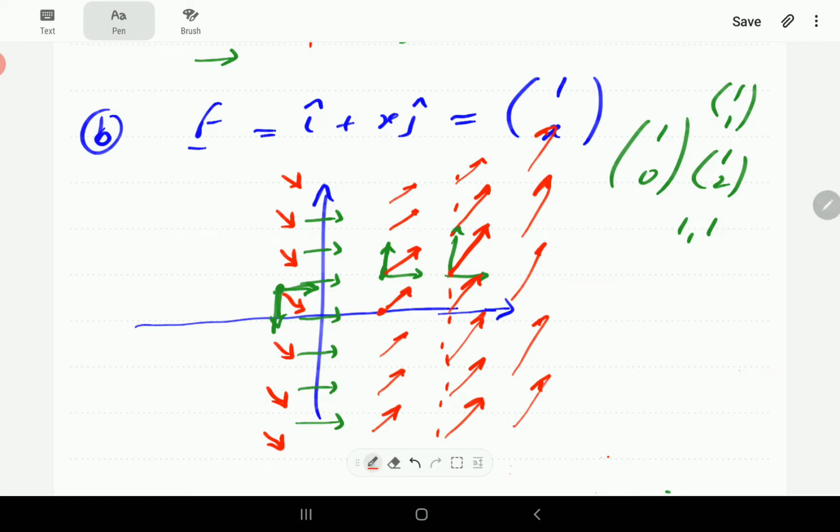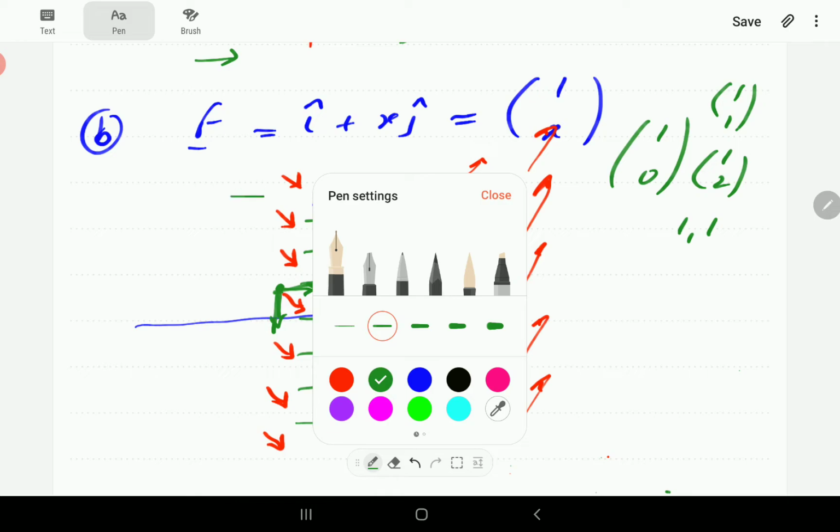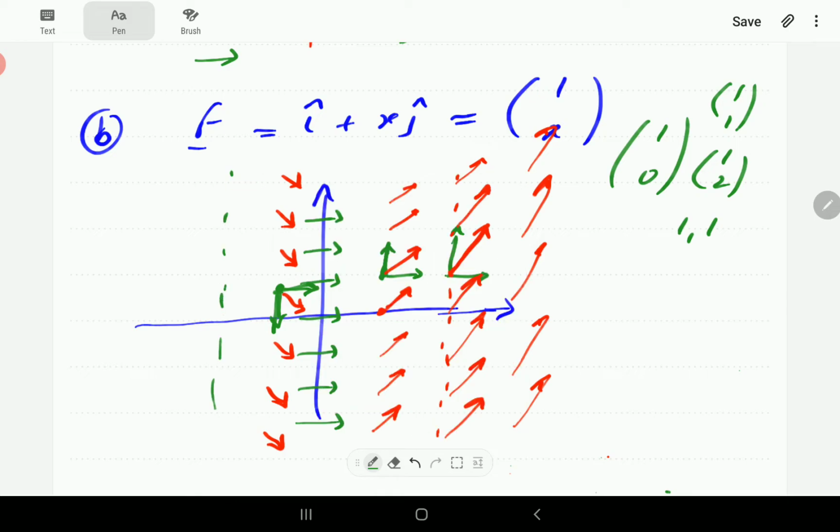And then if we now go to x equals -2 here, this component is still going to be 1. This component is now going to be 2, but negative. So this is now going to be a bit like this. So that's what we're going to have.